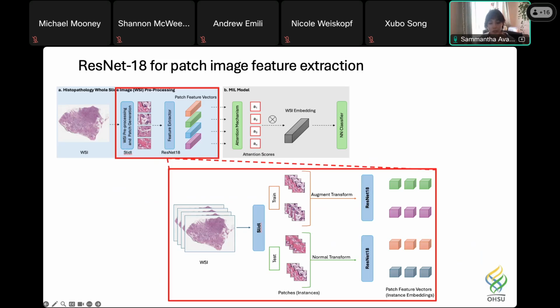And so by applying ResNet 18 on our histopathology data sets, we were then able to extract complex morphological features as well as tissue patterns as feature vectors that offer an overall comprehensive representation of each patch's tissue morphology.